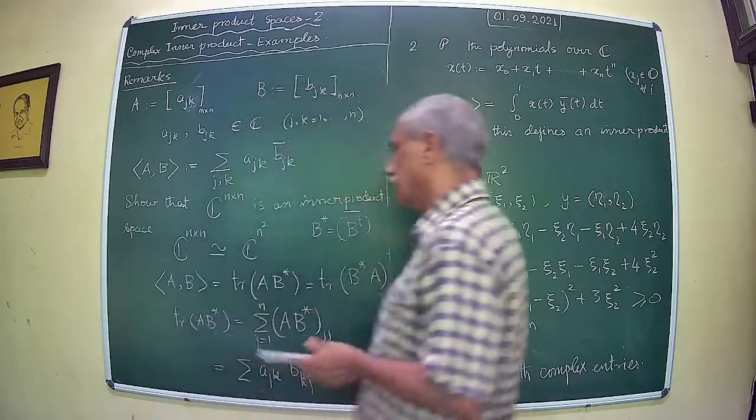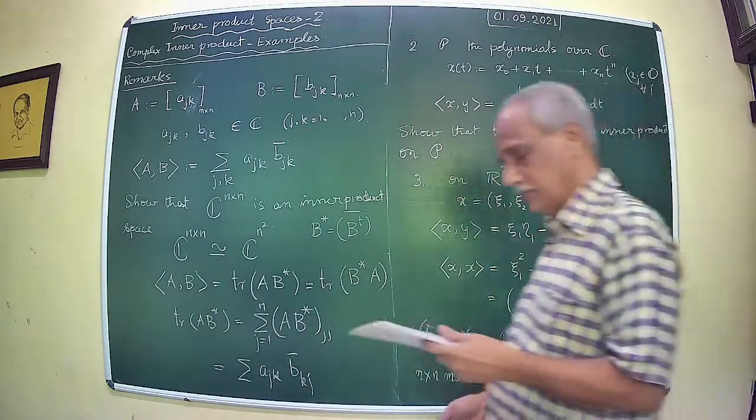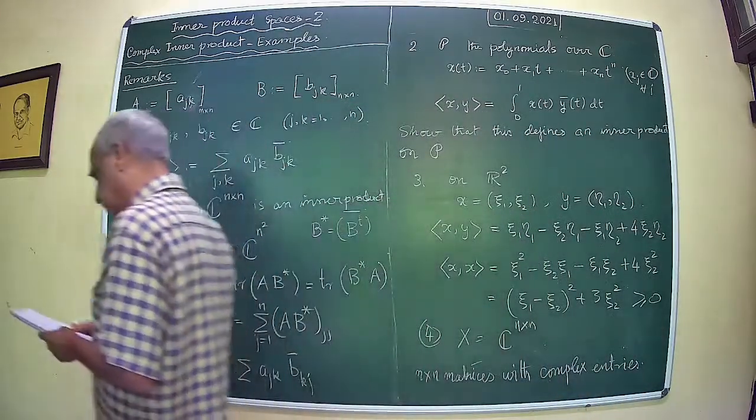So this is actually the trace of A B star that we have defined as the inner product.